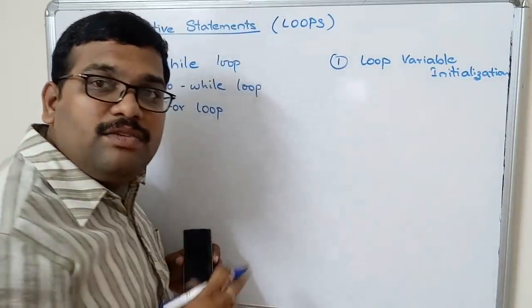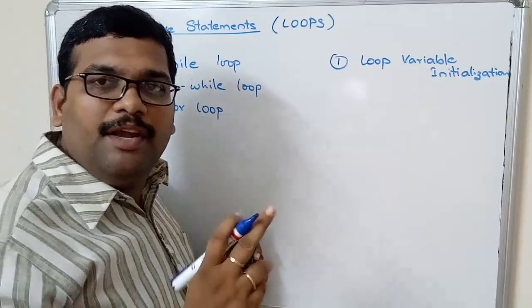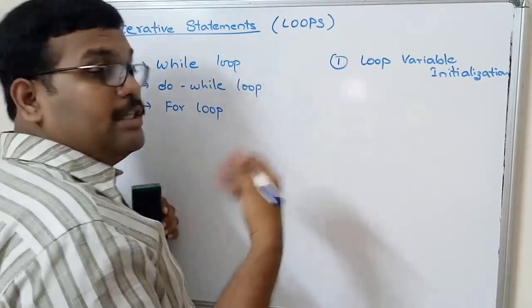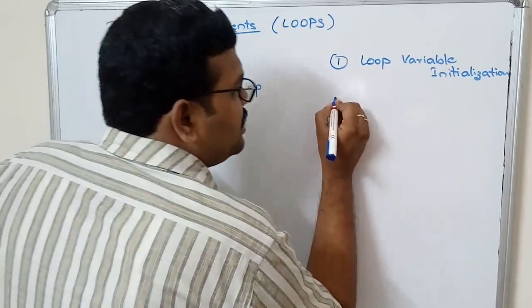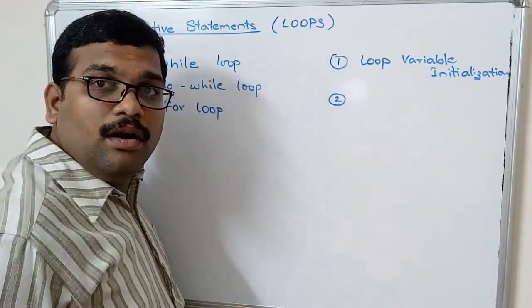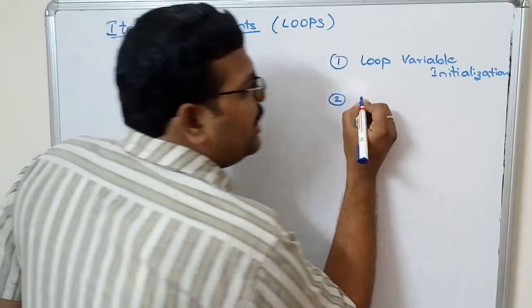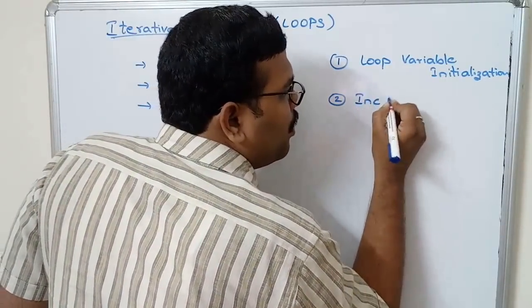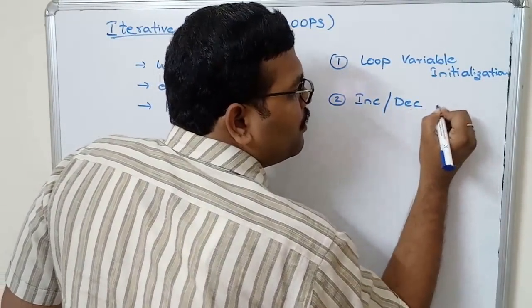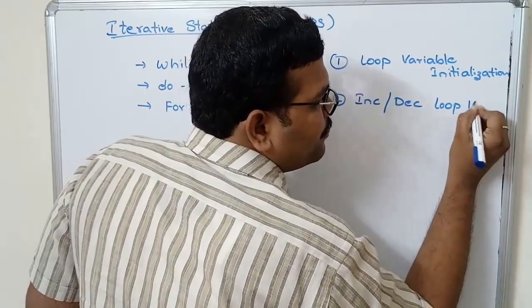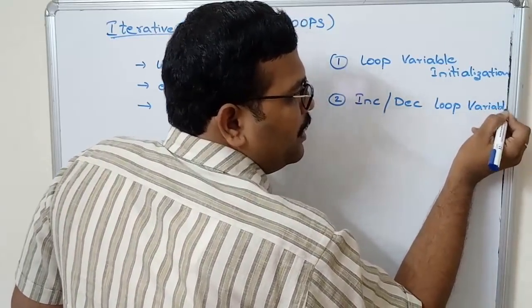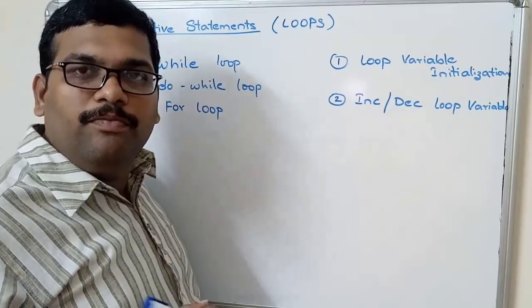So we have to initialize one loop variable, one variable that makes the loop execute a number of times. Next, the second one: updating the loop, that means incrementing or decrementing the loop variable.